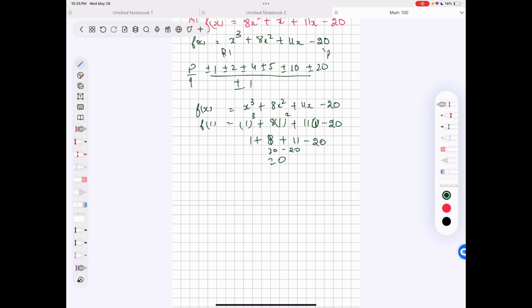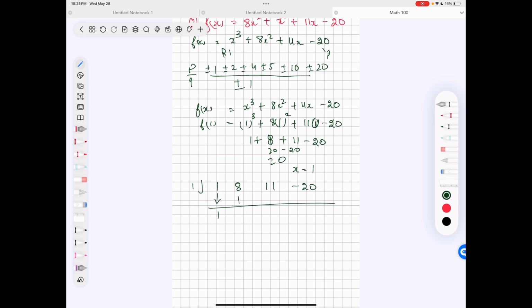So we know x is equal to 1 now. So 1 into the coefficients 1, 8, 11, minus 20. This is our equation. We're gonna bring 1 down, and then multiply it by 1.